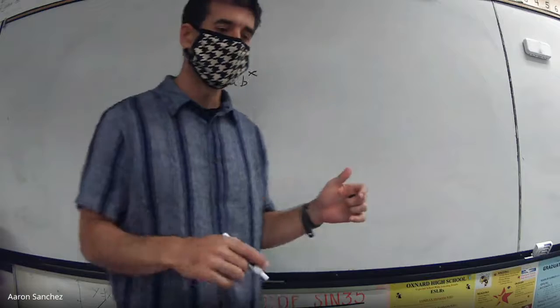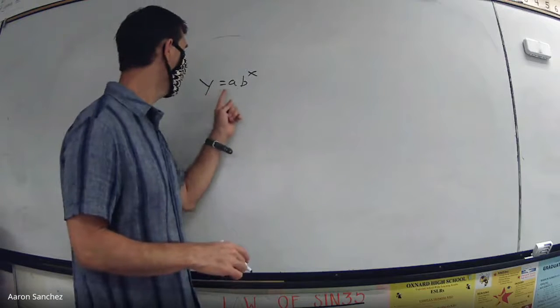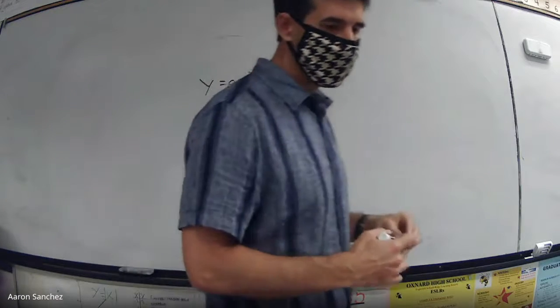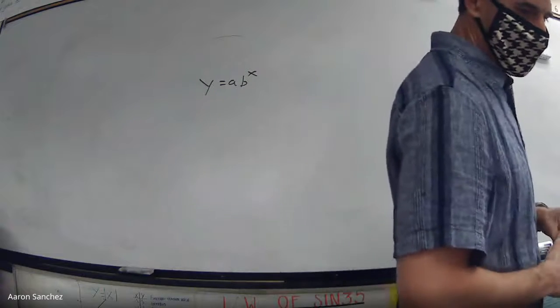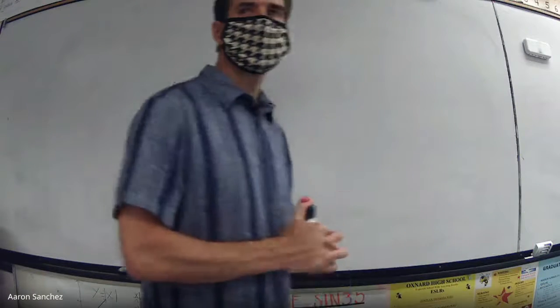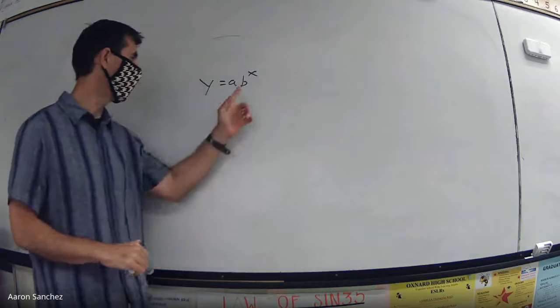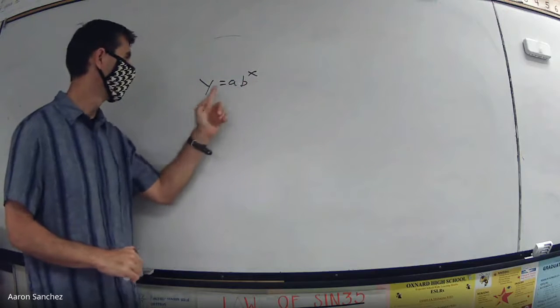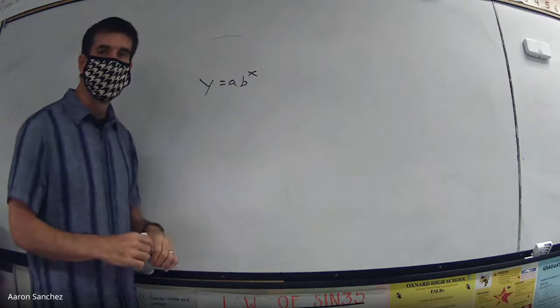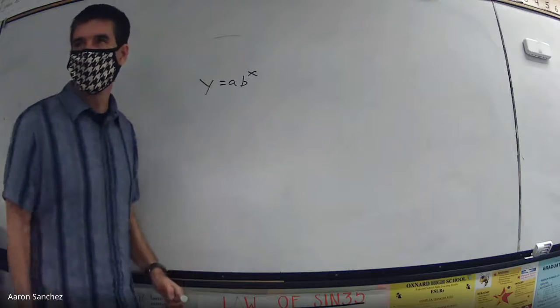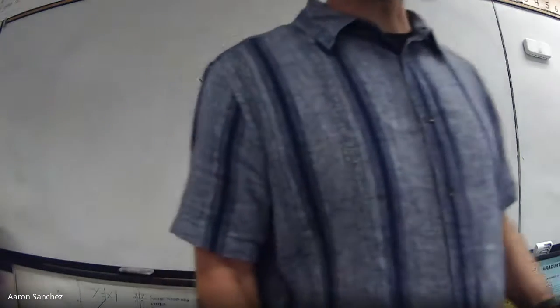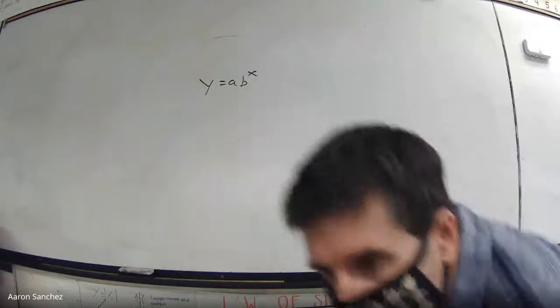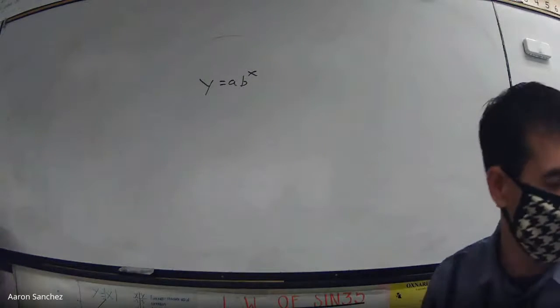Which one of these represents time: y, a, b, or x? It's usually y or x. Crystal Magallanes, which one represents time usually? X. Yeah, x always represents time. There you go. That's the input. The x is the independent variable.